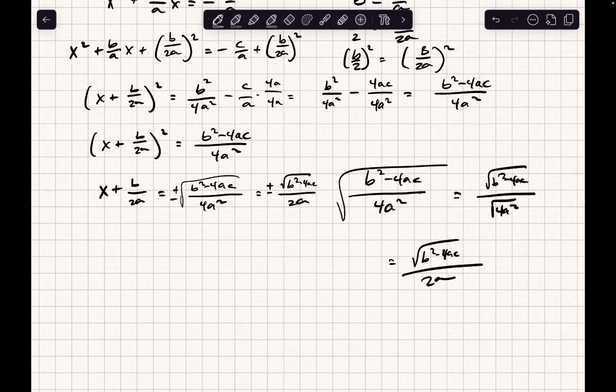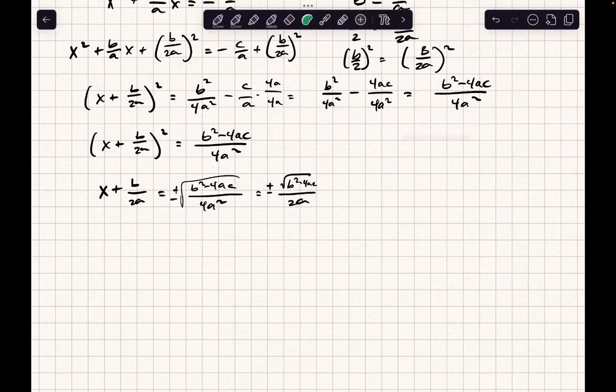All right, so now what? I'm trying to solve for x. That just gives me x equals negative b over 2a plus or minus the square root of b squared minus 4ac, all over 2a, because they both have the same denominator.